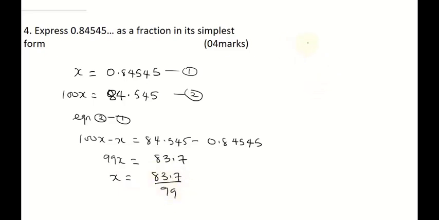Now in order to divide this, I'll take out the decimal place by multiplying both up and down by 10. So this will be times 10 times 10. This is going to give me 837 over 990. Now, what can divide across both?